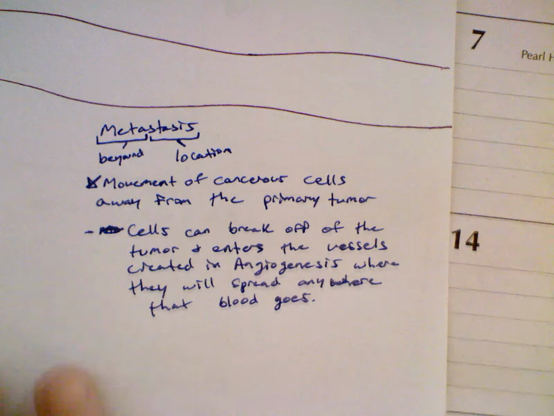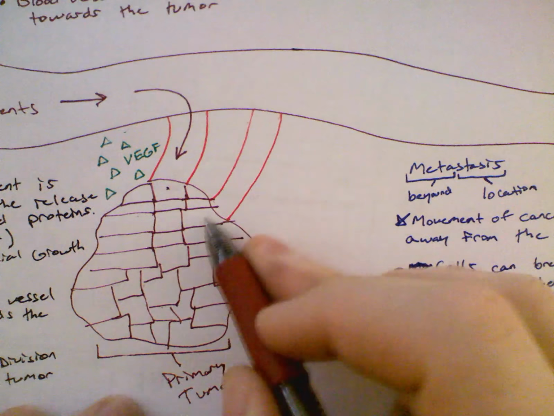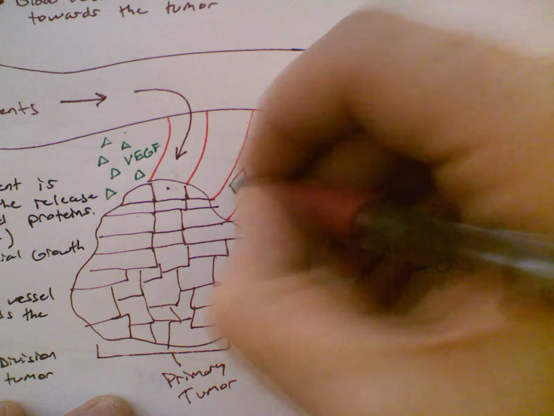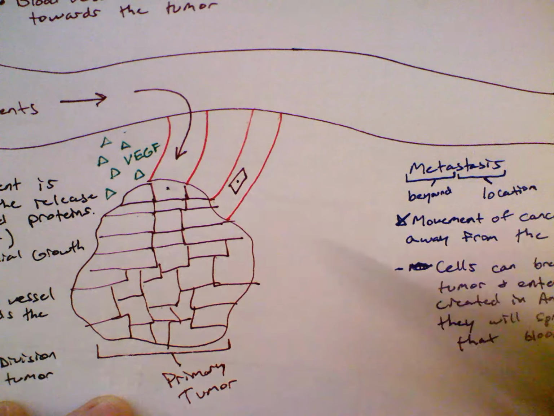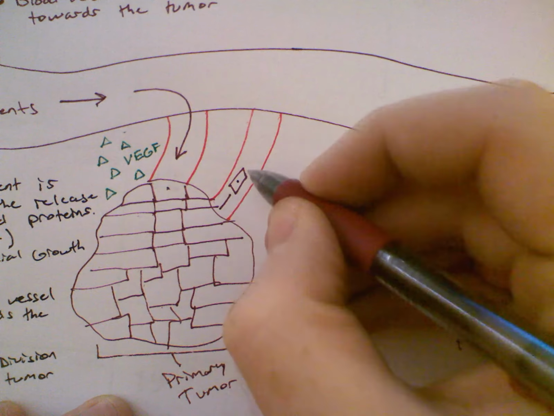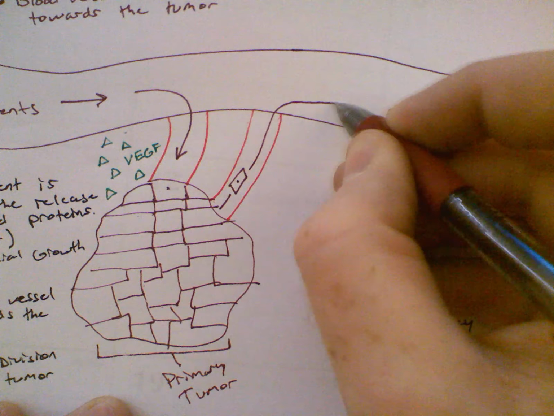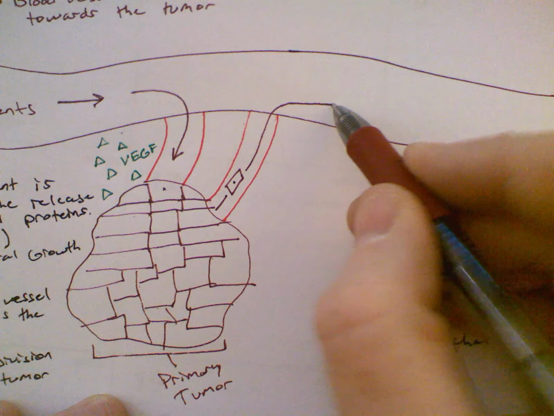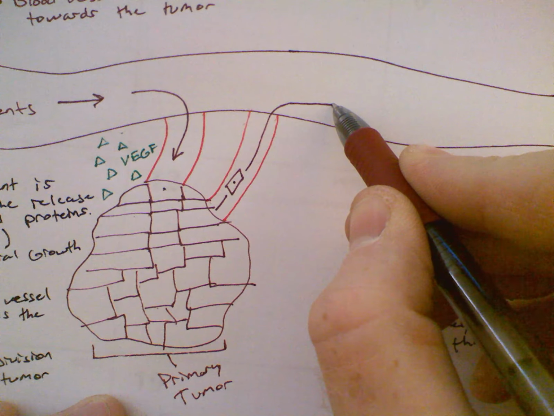But basically, if we were to draw this occurring, we would see as this tumor is growing, the tumor becomes more and more unstable, and cancerous cells can enter the blood supply and be spread. Now, what's going to happen is eventually they'll get embedded into a new location.